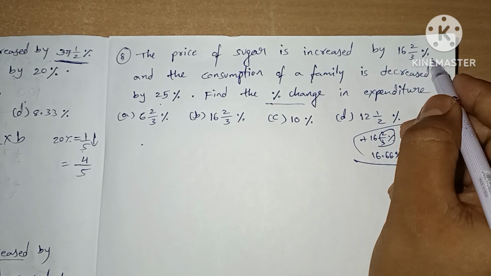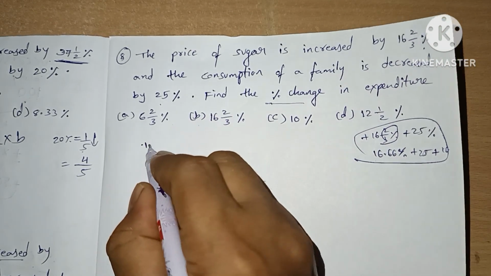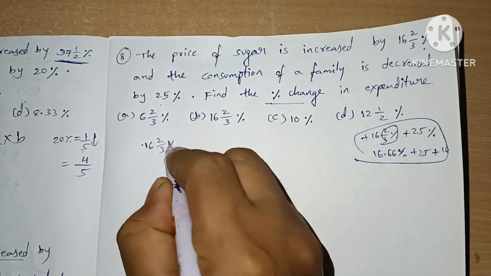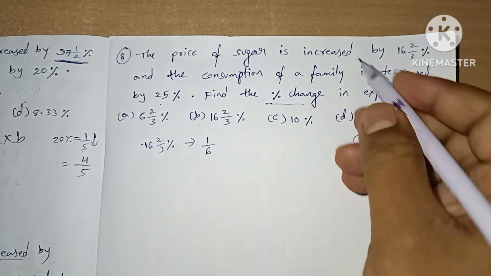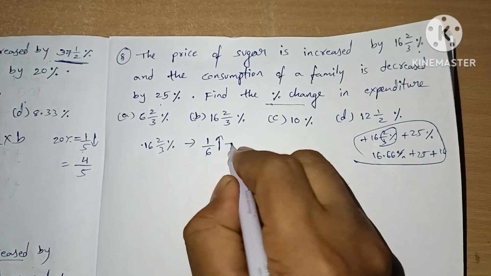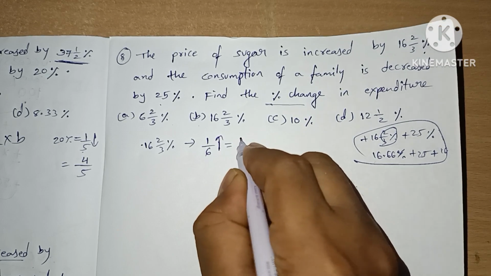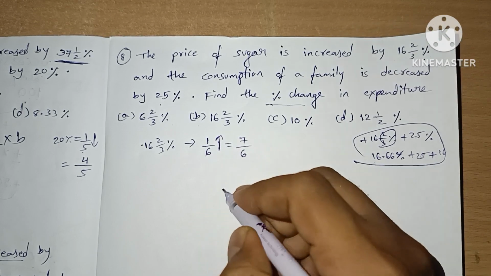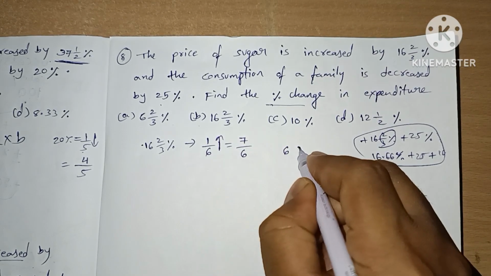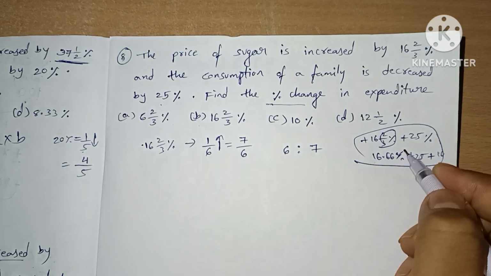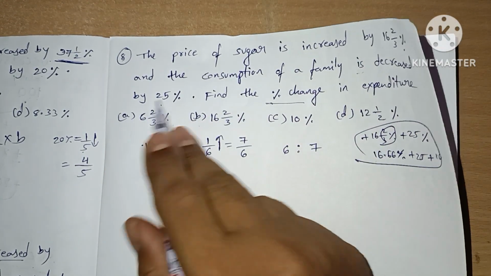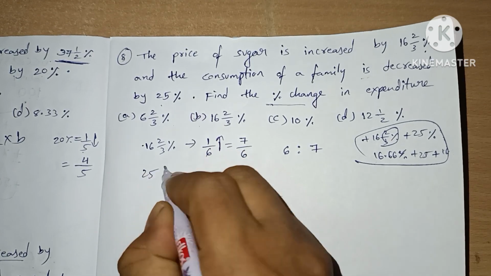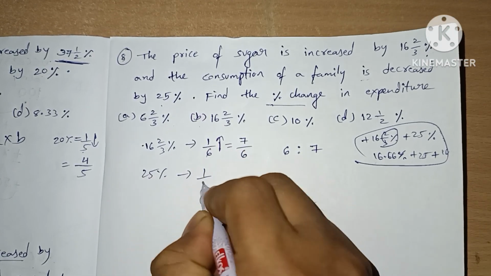16 2 by 3 percentage increased. The fraction value of 16 2 by 3 percentage is nothing but 1 by 6. It is said that it is increased, so the fraction is 7 by 6. Initially it is 6, now it becomes 7. The consumption of the family is decreased by 25%. The fraction value of 25% is 1/4.